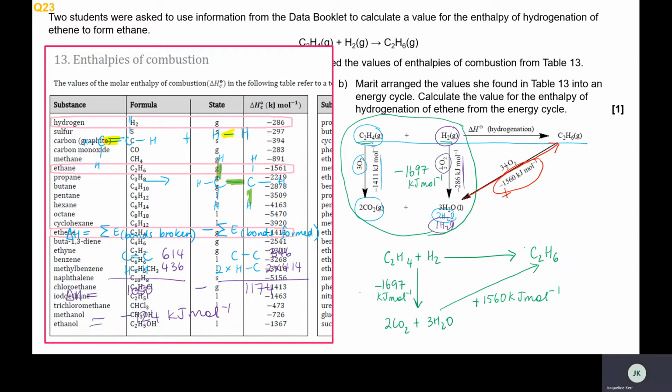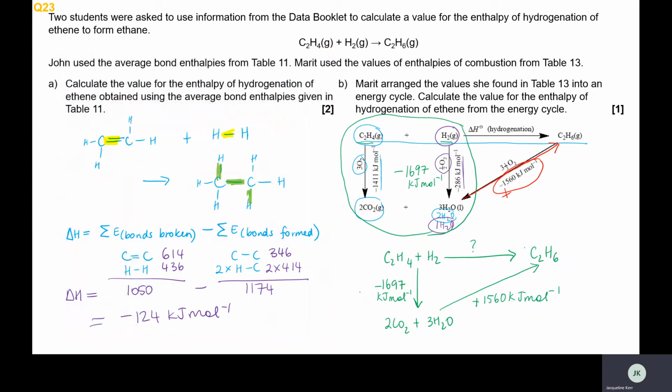Okay, so now we have something we can work with. We can find out this one here by going along here. So hopefully you guys are with me there, that this part, the combustion data for ethene and for hydrogen gas, can be combined in order to find out what this bit is together.